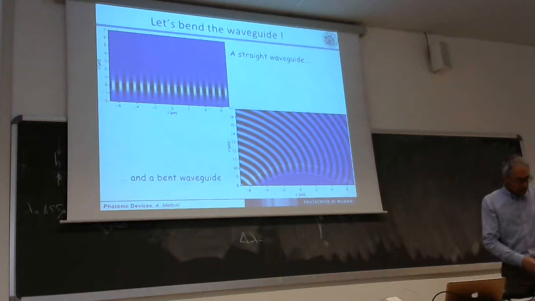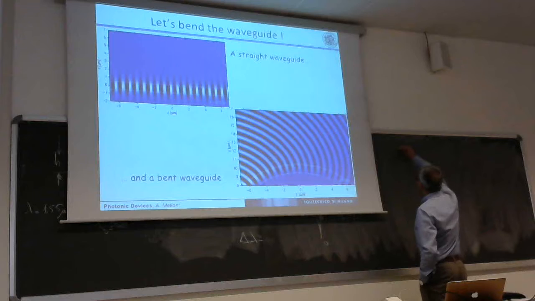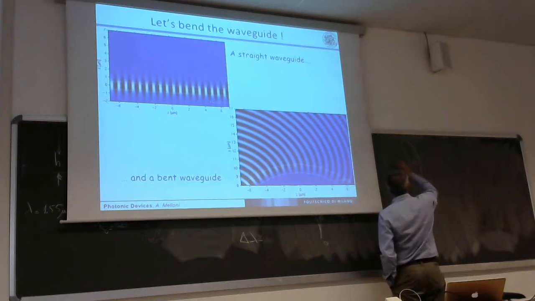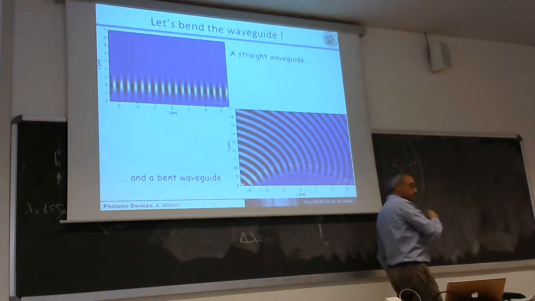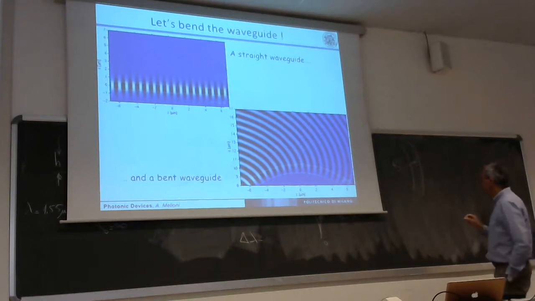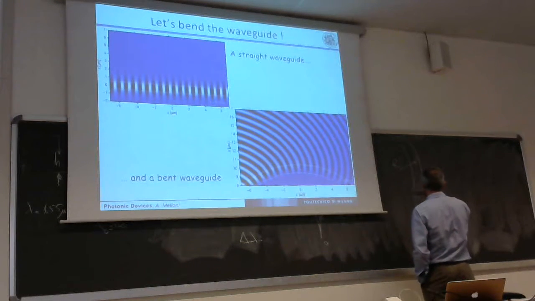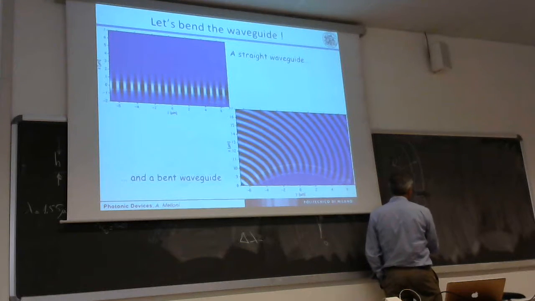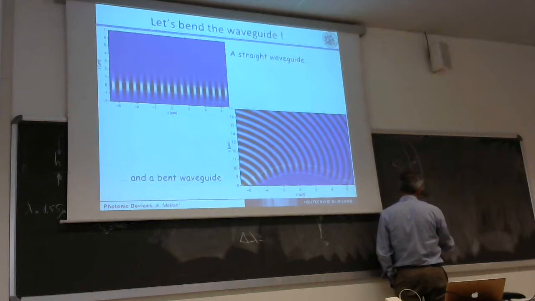Okay. Now, a bent waveguide with the bending radius. This is seen from the top. This is the cross section of the waveguide, and if you draw the refractive index, you get something like this.